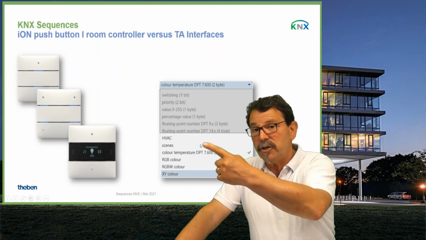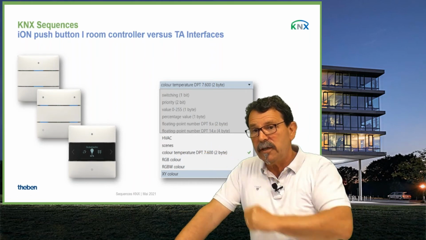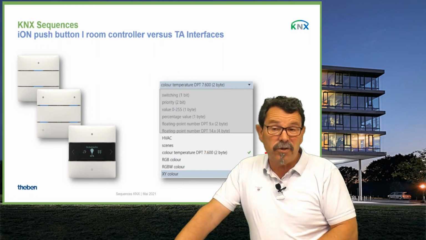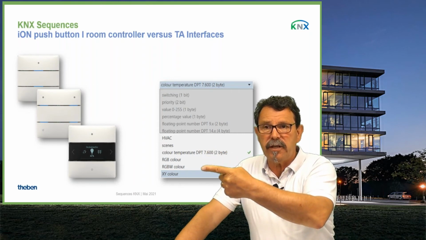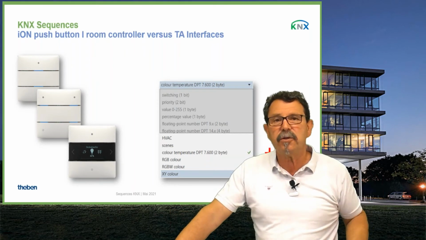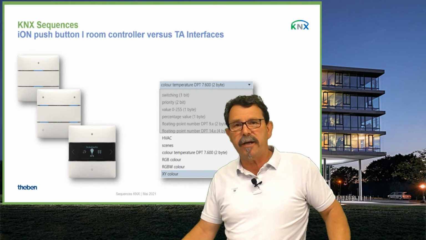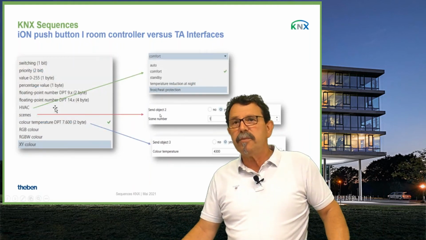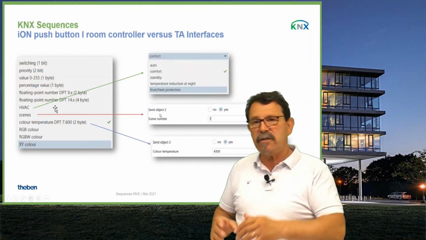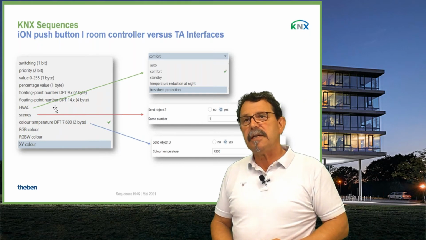Then we have here, which is probably important in the future, this application color temperature. We support RGB, depending on the LED stripes, or RGBW color control, and depending on how you want to control the LED light, XY color control. To give a reasonable application, you discover here the screenshots.